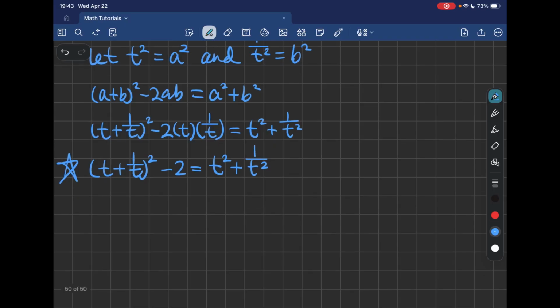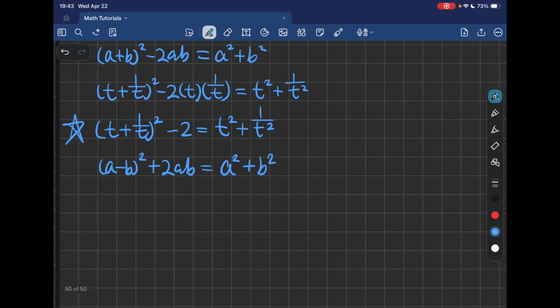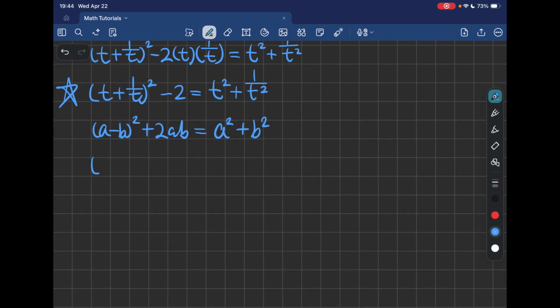So what else equals a² + b²? If we have (a − b) to the power of 2, well, since there's a minus 2ab here, let's add 2ab, and then we will get a² + b² in the end, right? So if we substitute t and 1 over t, we'll get something similar as before.